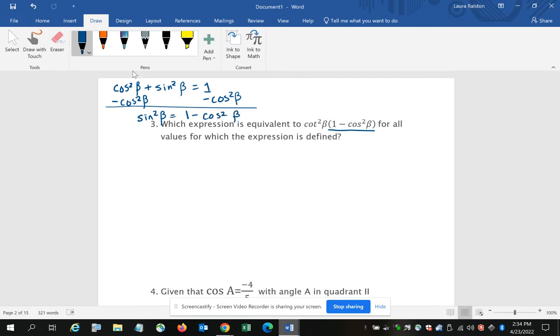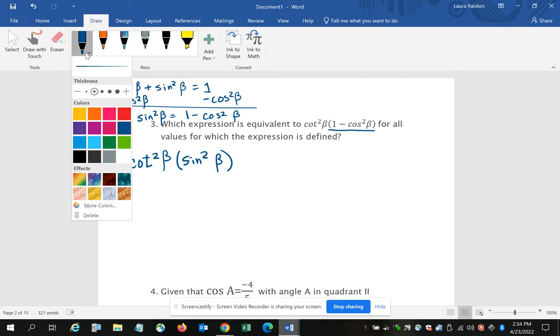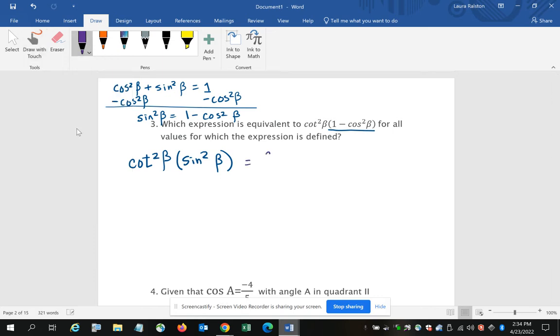So I can take this difference, 1 minus cosine squared beta, and replace it with the equivalent, sine squared beta. So I would have cotangent squared beta times sine squared beta. Then again, I'm going to use the idea of converting to sine and cosine. So I would have cosine squared beta over sine squared beta times sine squared beta over 1.